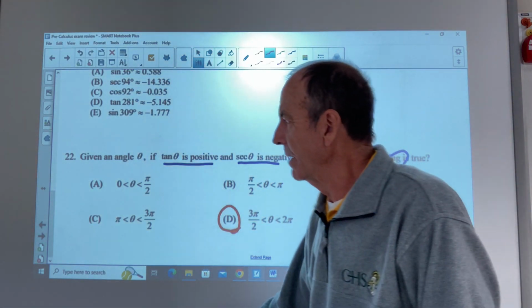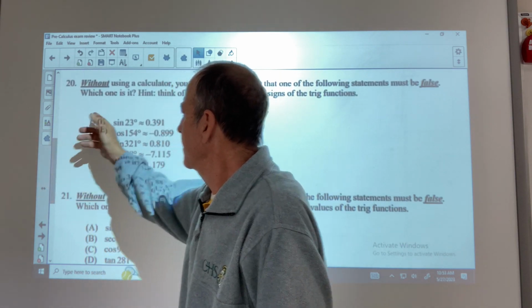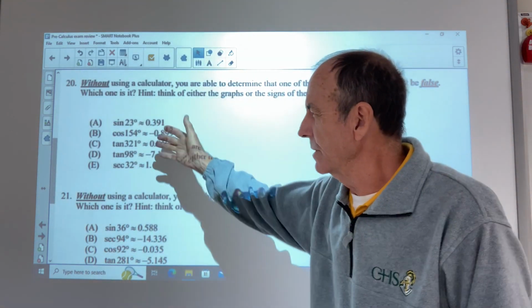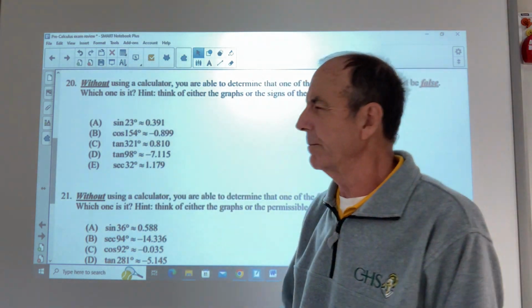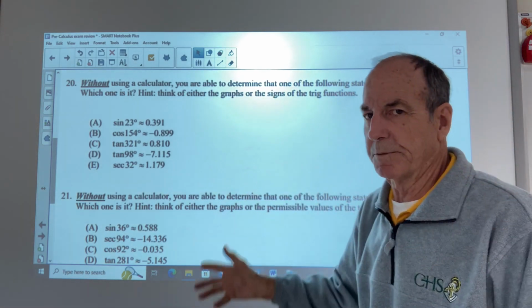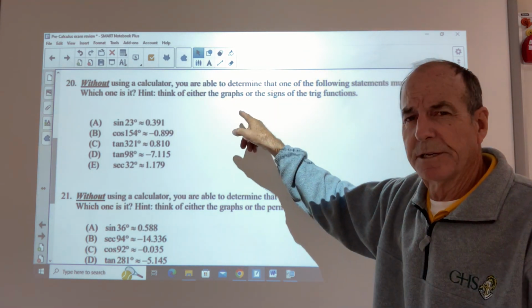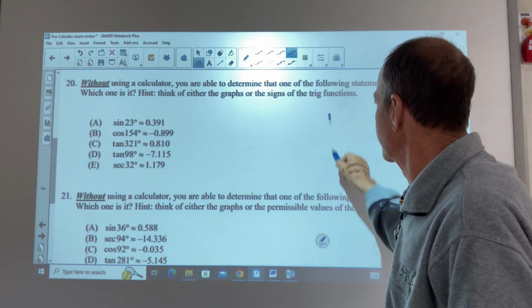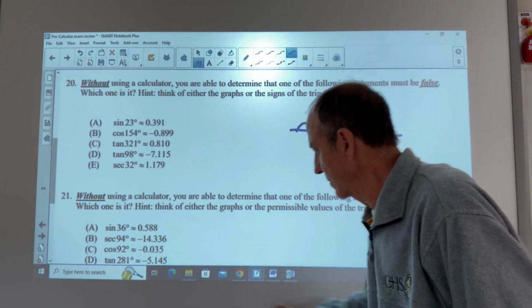Let's look at the two above that. These are intriguing. It says you don't have a calculator, and yet you have these unusual angles and certainly decimal problems. It looks like a calculator problem. It says without a calculator, you're able to determine one of the following statements must be false. Which one is it? And it says think of the graphs. The graph of the sine wave goes like this, right? And the cosine wave looks like this.